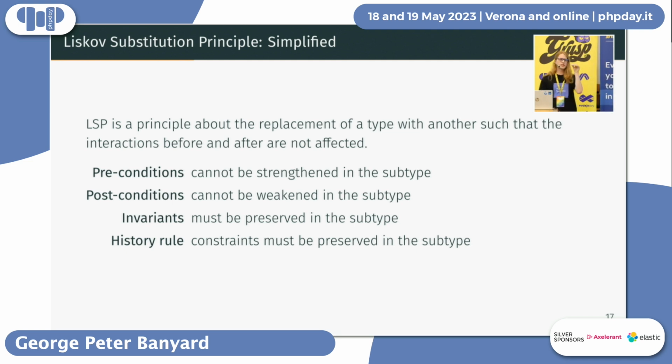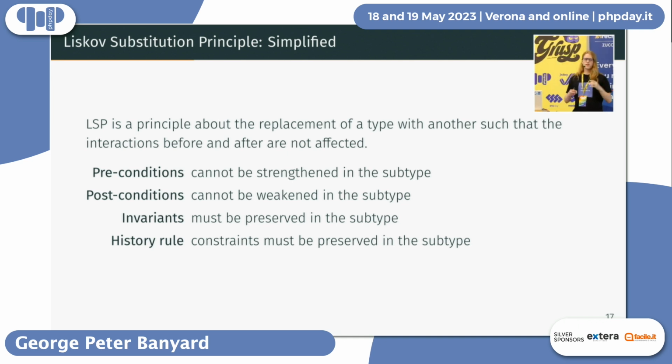The one thing you need to take care of, as developers, is what is called the history rule. The history rule is this concept that a child or a subtype cannot impact the behavior of the parent type in ways the parent type wouldn't be able to do.